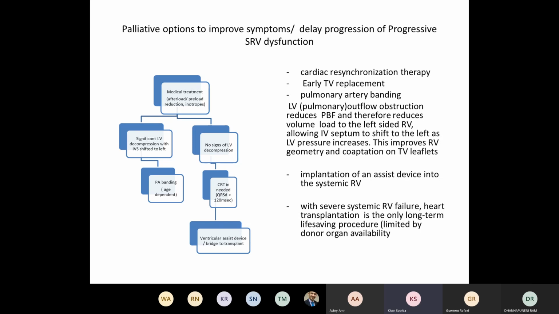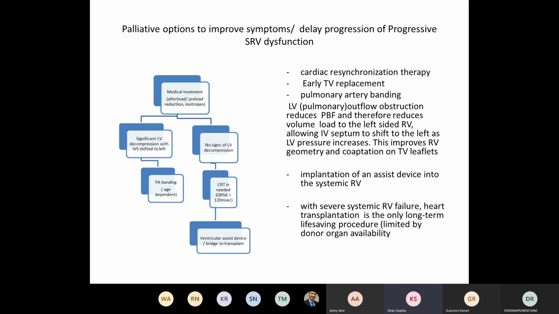If that doesn't seem to be the problem, but there's still symptoms of dysfunction, then sometimes it can be helped with using cardiac resynchronization therapy, so pacing, and that's more used if you're starting to get a widened QRS duration. And then after that, really, you're looking at ventricular assist and thinking about going down the transplant route, which obviously is difficult with a limited number of donors.